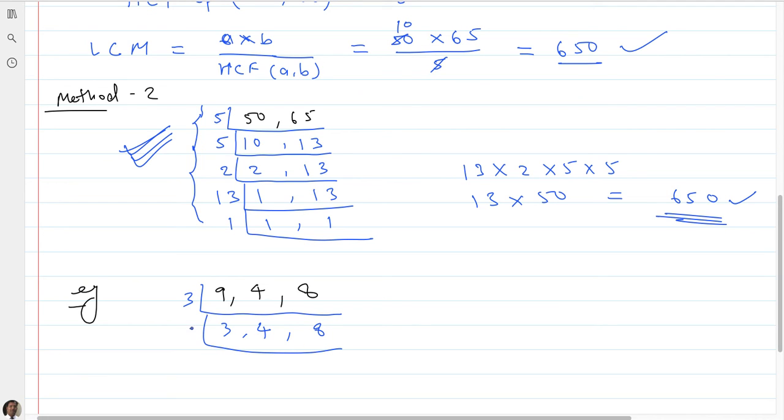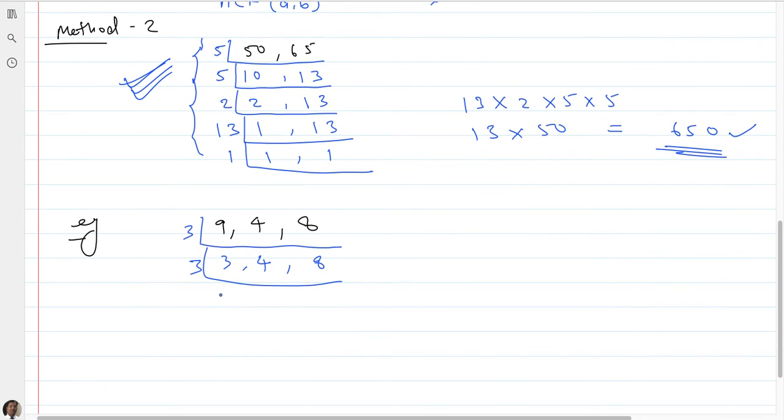And next 3, it will be 1, 4 and 8. Here we can see 4 and 8, both can be divisible by 4. 1, 1 and 2. And 2 can be divided by 2. Here it will come 1, 1, 1.